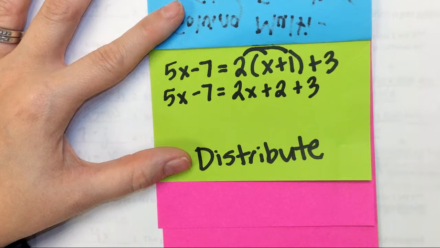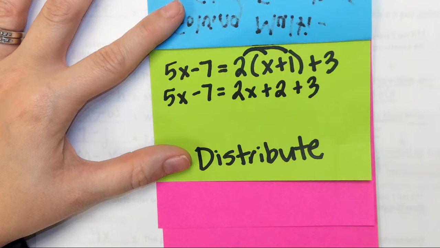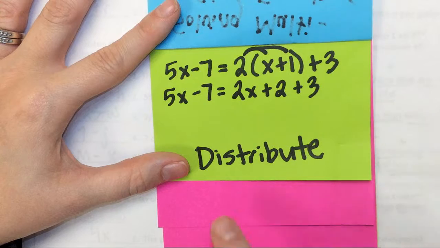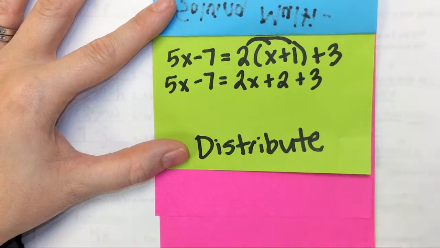The next step in all of these problems after we distribute is going to be combine like terms. So you're going to write that on the next part of the foldable.